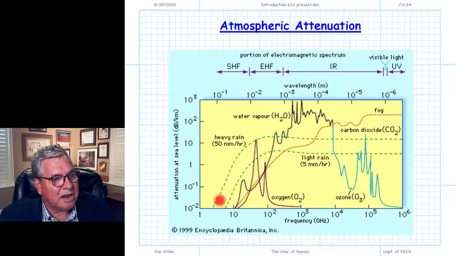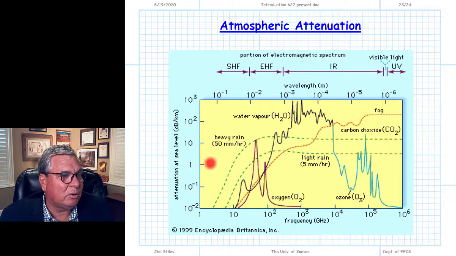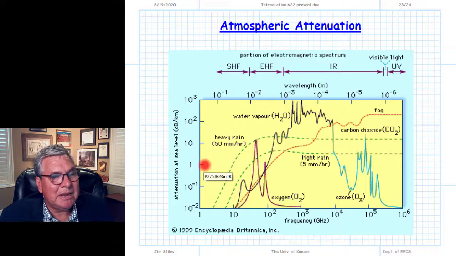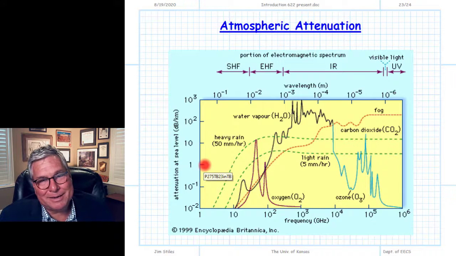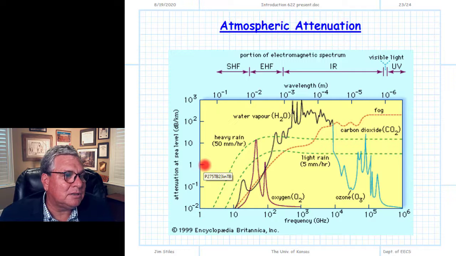First of all, we look at this dotted green line, that's heavy rain. And the other dotted green line is light rain. And as we move toward 10 gigahertz, the attenuation starts to get to the point where it's 1 dB per kilometer. Well, if you're a satellite and you're going for a lot of kilometers, then that dB can stack up to where you may have attenuation of 10 dB or 20 dB or 30 dB.